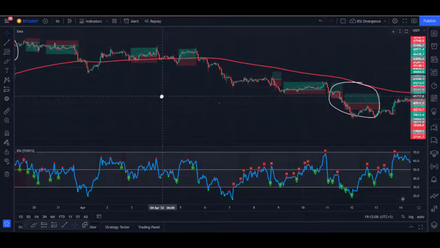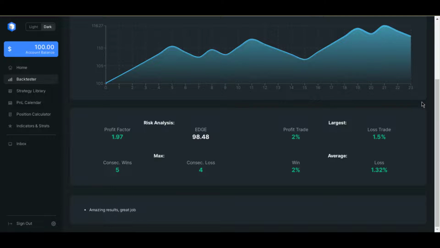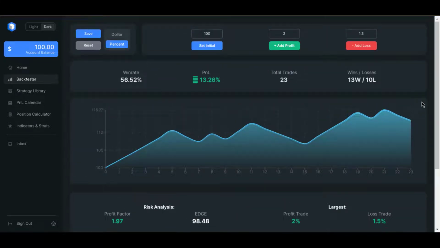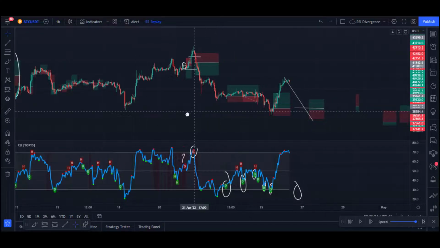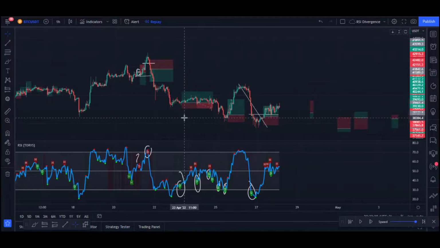So now I will show you the results. You can see there is our result, and this result is without any trend line. Remember this. But it is also a very beautiful result. You can see you have a gain in your account, 13% profit. This profit is without any leverage.